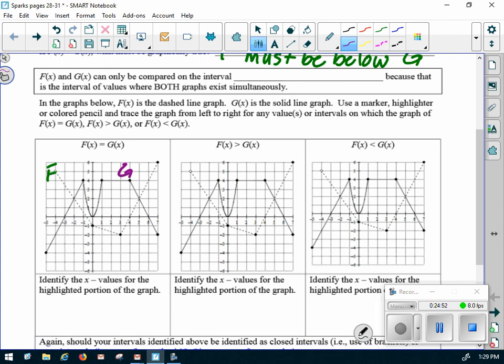I cannot compare those 2 graphs when x is -5 because f doesn't exist when x is -5. Do you understand what I'm saying? I cannot compare those two graphs when x is negative 4.5 because f doesn't exist there.